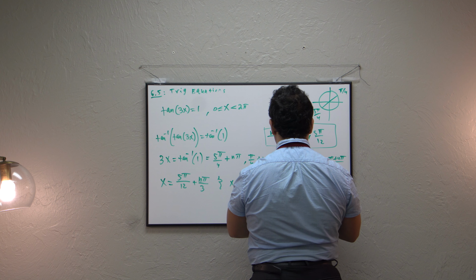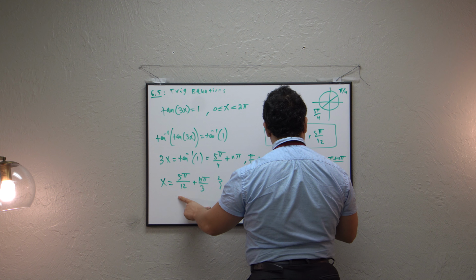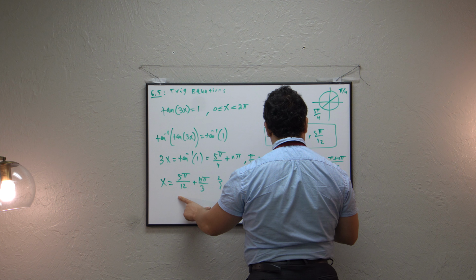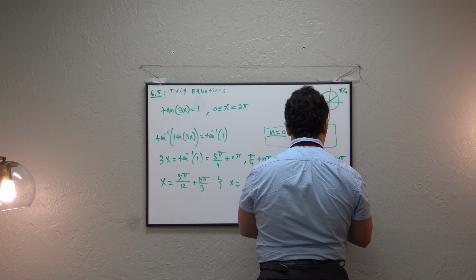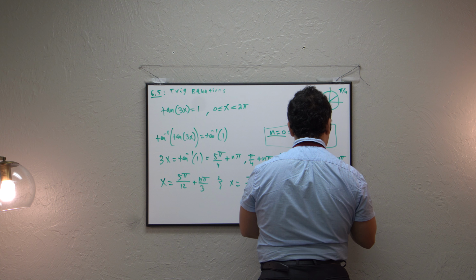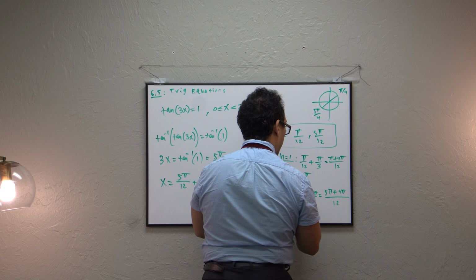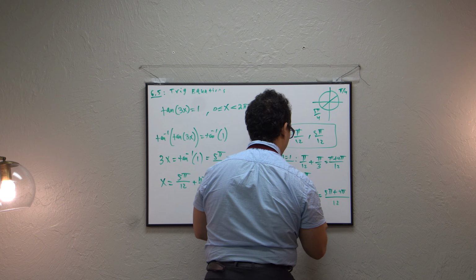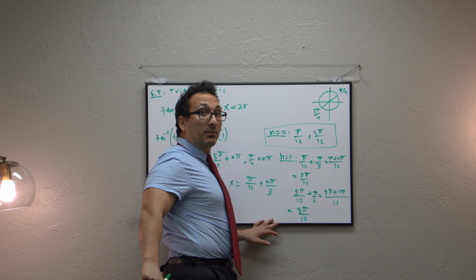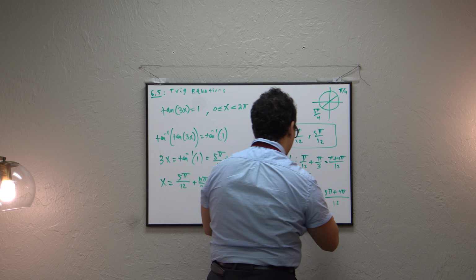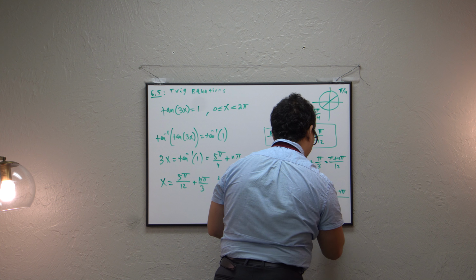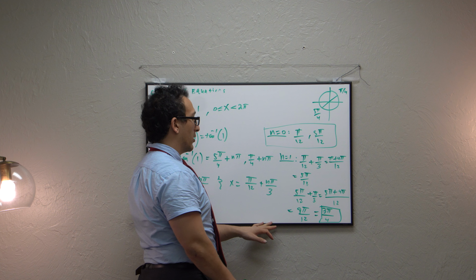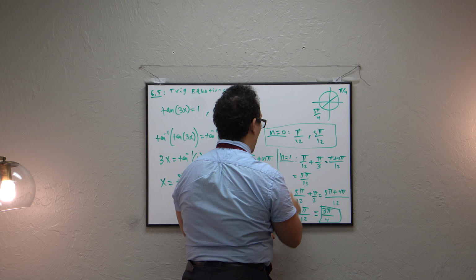But for the other one, 5 pi over 12 added to pi over 3, we have 5 pi plus 4 pi all over 12. This results in 9 pi over 12, and we know 9 pi divided by 12 is just, you guessed it, 3 pi over 4. So this is another valid answer, 3 pi over 4, and this is for n equals 1.